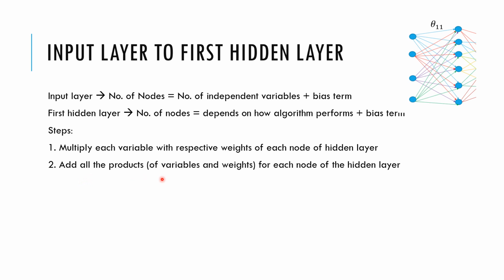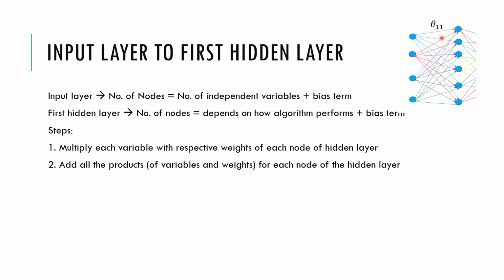Then we add all the products. For this node, we'll multiply this weight theta 11 with the value of the first independent variable. Then we take the weight of this one and multiply by this value, and we do the same thing for this and for this, and we add those.